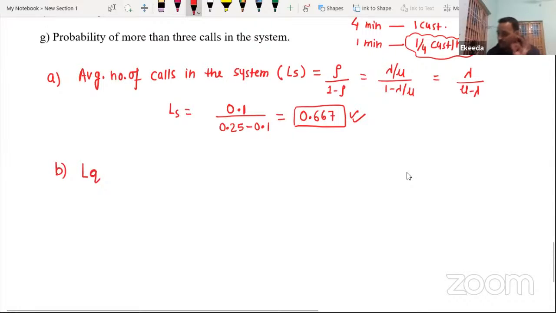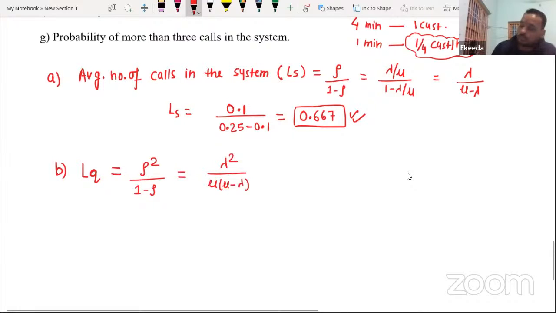LQ was rho square upon 1 minus rho. After solving it, you will get lambda square upon mu into mu minus lambda.